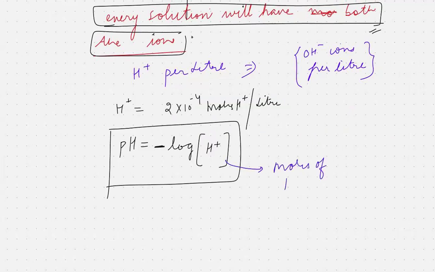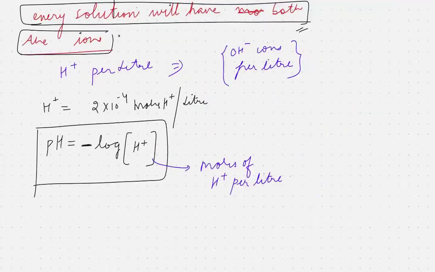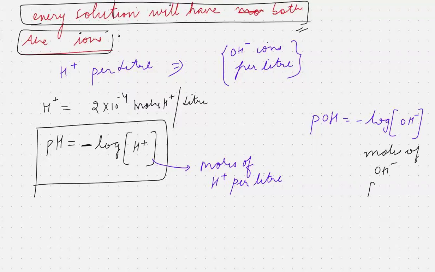Are you understanding? And similarly, the formula of pOH here is going to be minus times log of square bracket OH negative, which means moles of OH negative per liter. You understand my point?